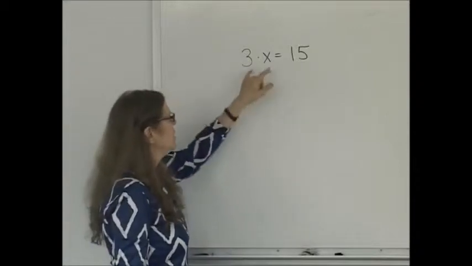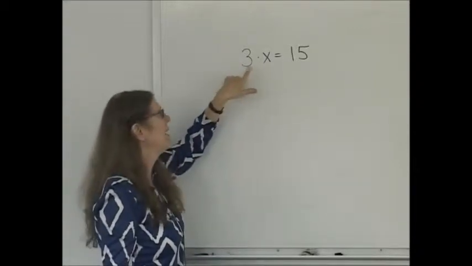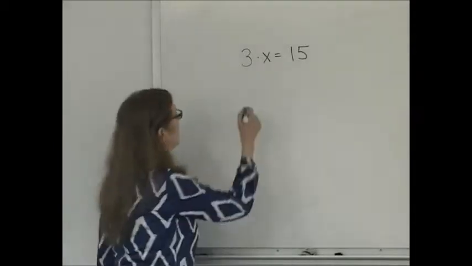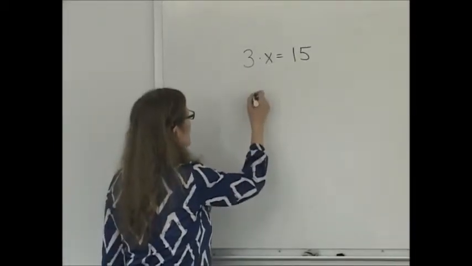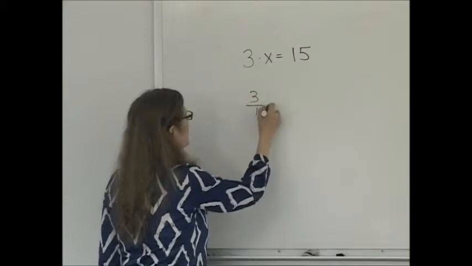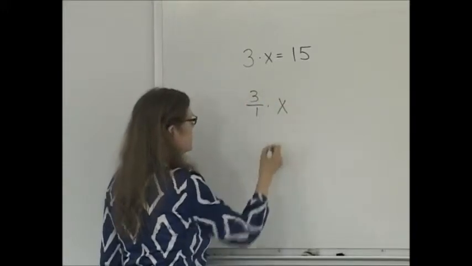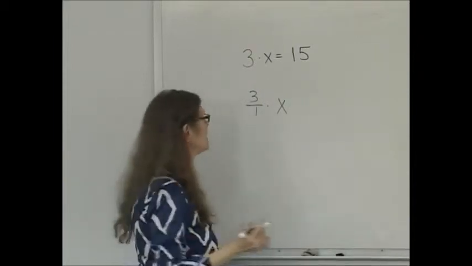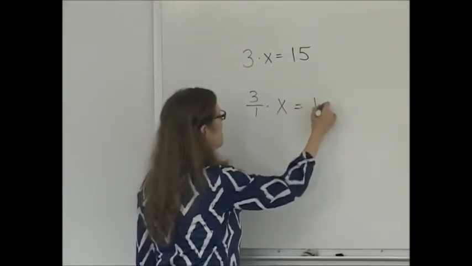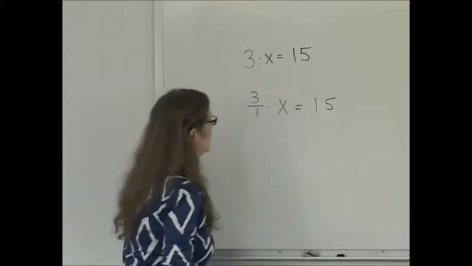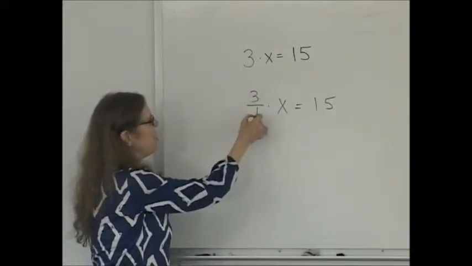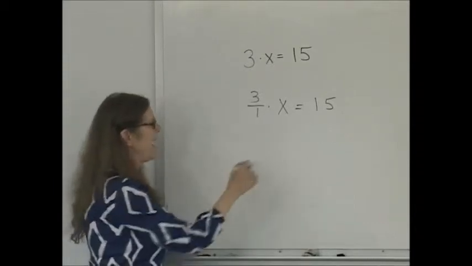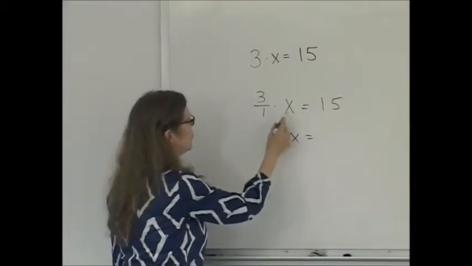But if we want to get x by itself and not have 3 in front of it, how could I do that? Well, this is the same thing as 3 over 1 times x. I could have written that x over 1, but that won't help me get to my goal, so I'm not going to bother with it. Now, if I have 3 divided by 1 times x, and I want to get it to be x, what could I do?